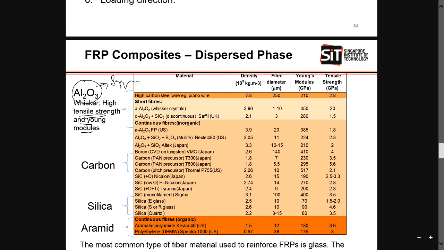Take a look, this is the density. The lowest density, the lightest, is this one. Then the fiber diameter and Young modulus, you can just take a look. Although this is the lightest and has the smallest diameter, its Young modulus is somewhat lower than the viscous crystal.